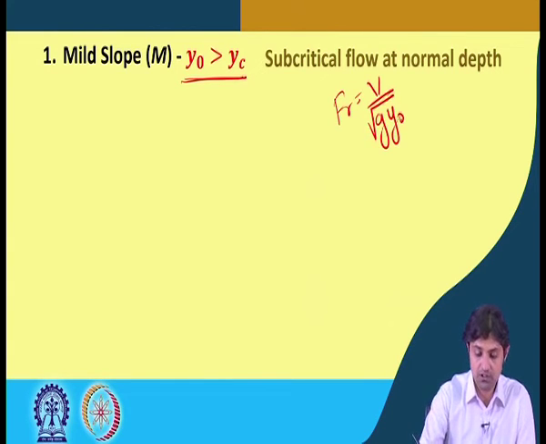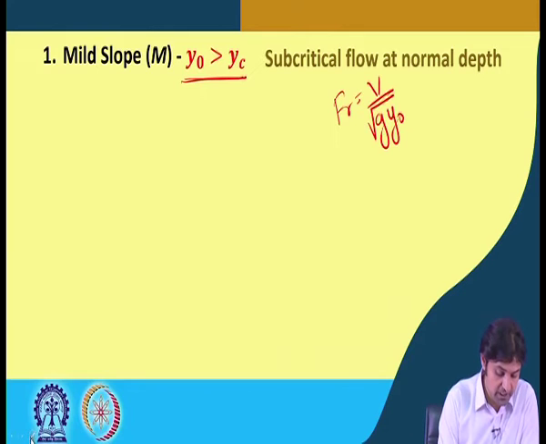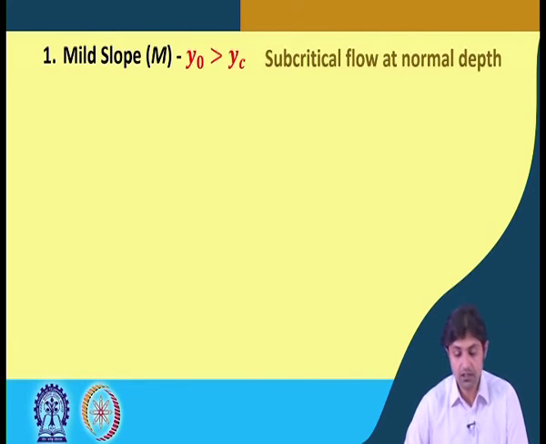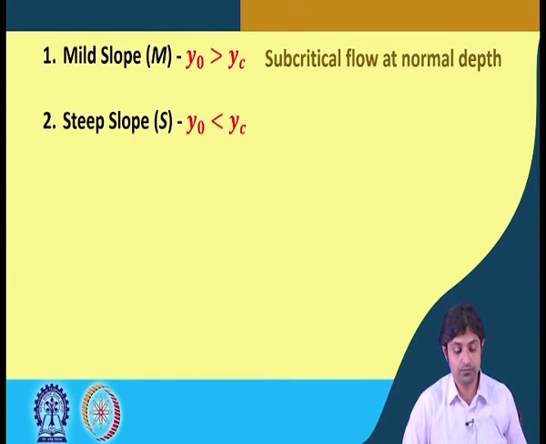If Y naught is greater than critical depth, then the Froude number is going to be less than 1. So if the normal depth is greater than the critical depth, that is subcritical flow at normal depth, and this is called mild slope.